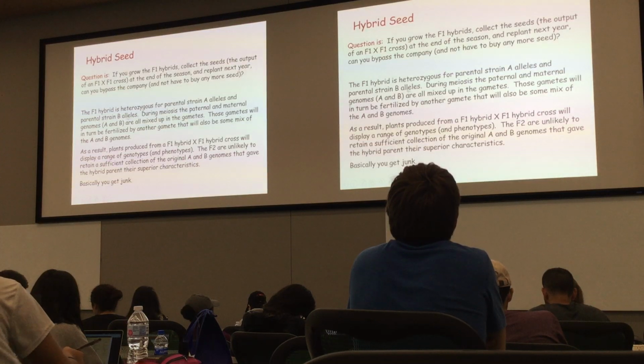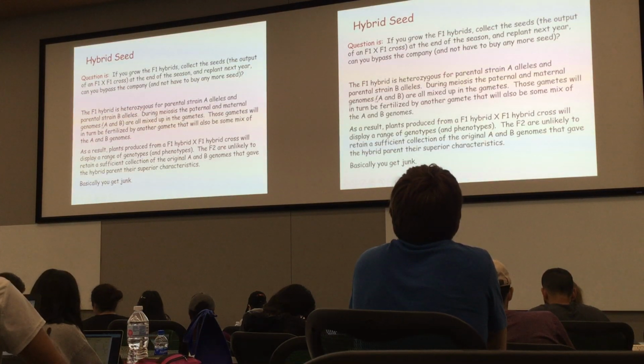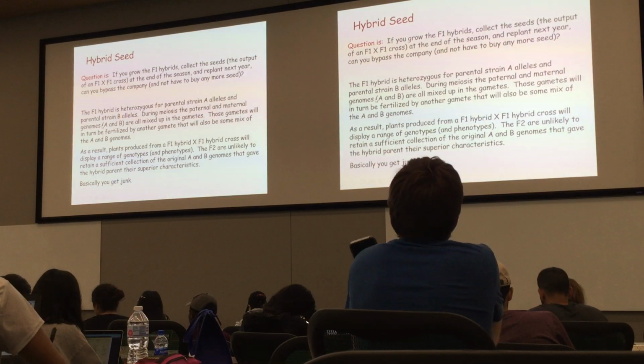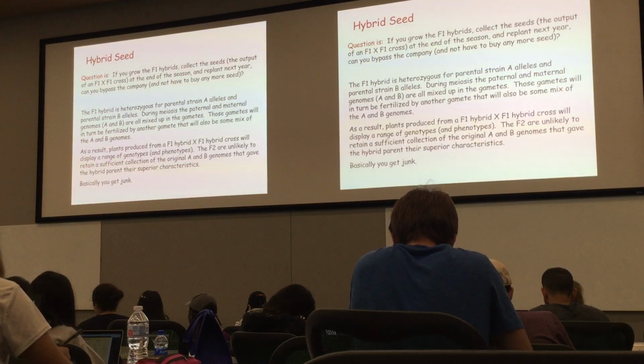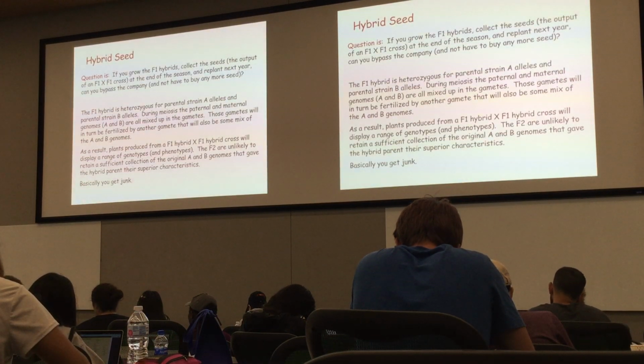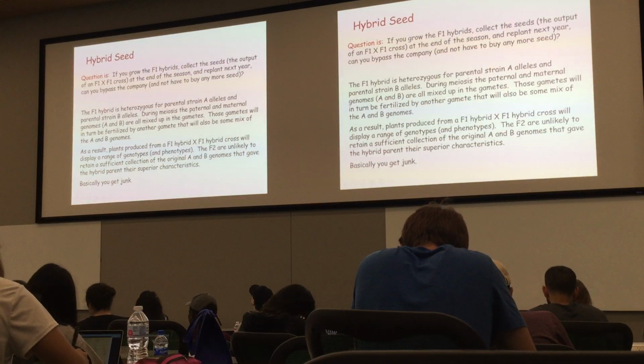But during meiosis, you mix everything up. A and B alleles get all mixed up. We've seen this again and again, where grandma's and grandpa's contributions in a parent are all shuffled, and then the offspring gets some combination. That's what's happening here.